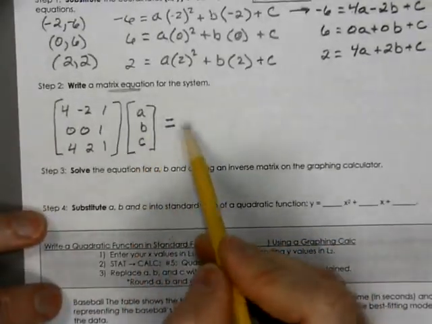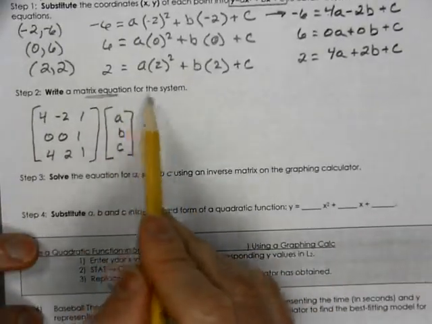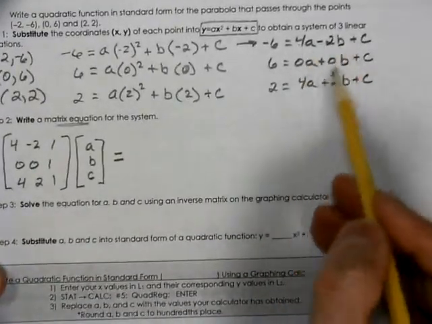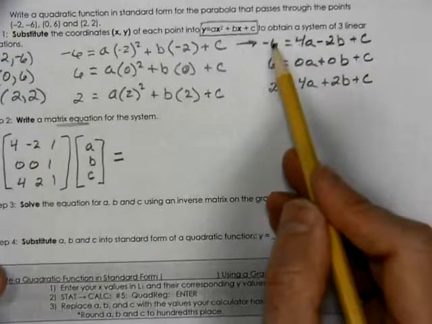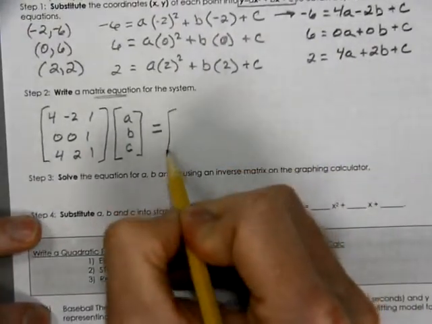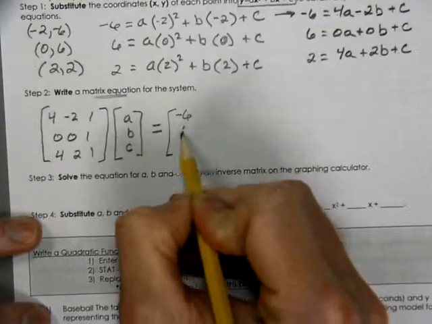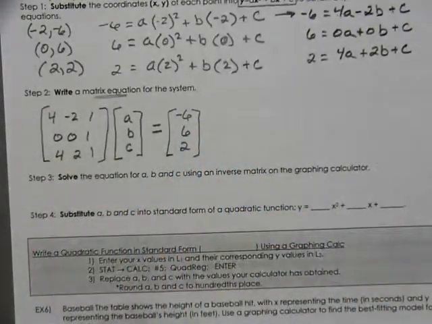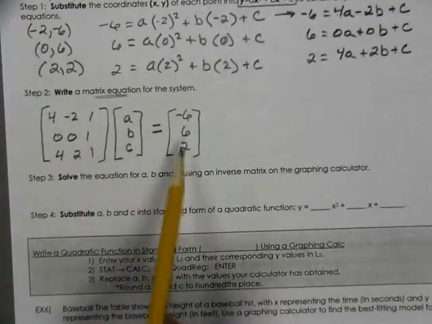Then, because this is a matrix equation, what our equation is going to equal is what our equations up here equaled: -6, 6, and 2. So this is our matrix equation.